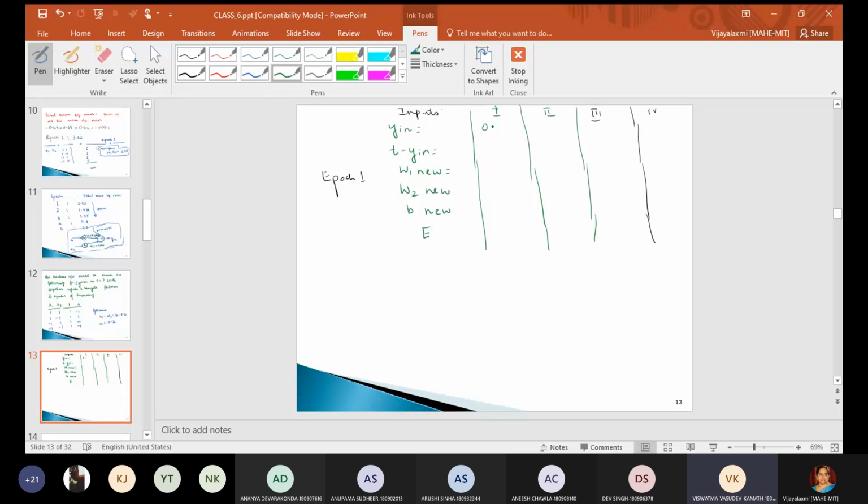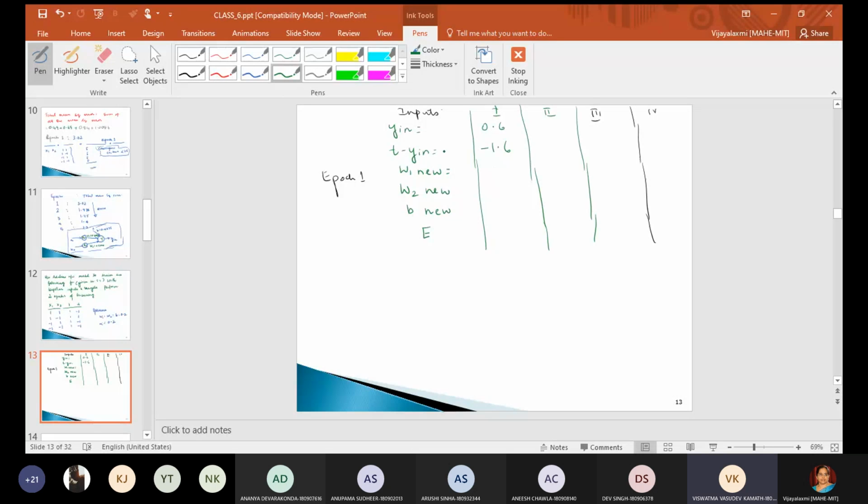Okay, so T minus Y gives the error as minus 1.6, very good. And W1 new I have as minus 0.6. Did I go wrong somewhere? Yeah, I have got minus 0.12.